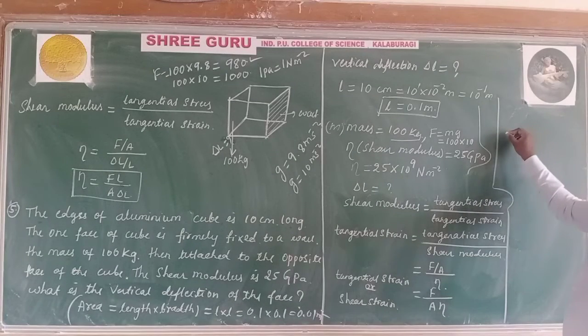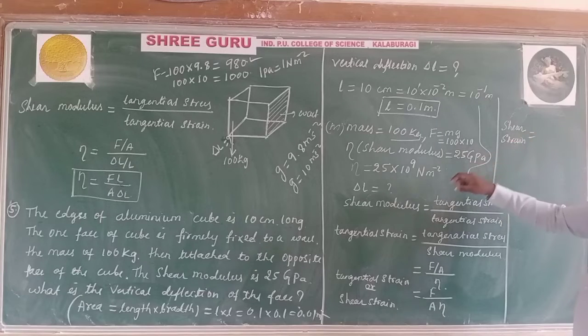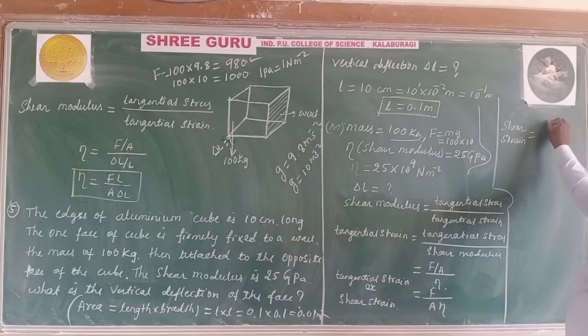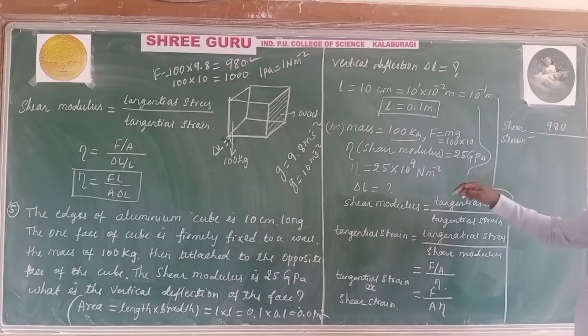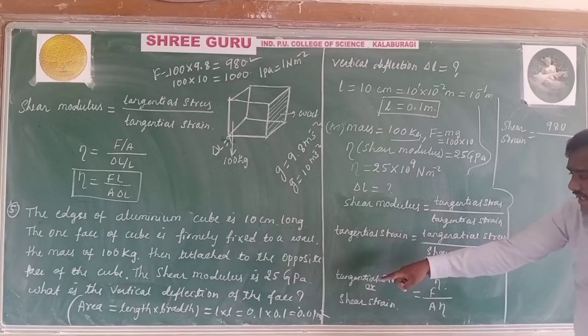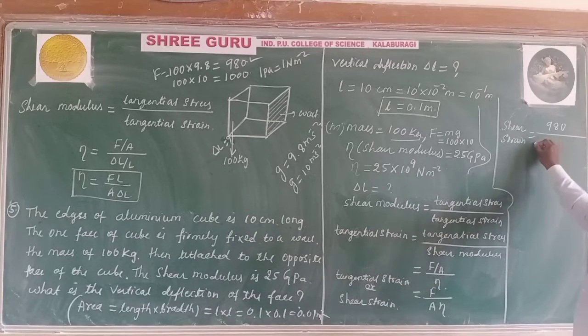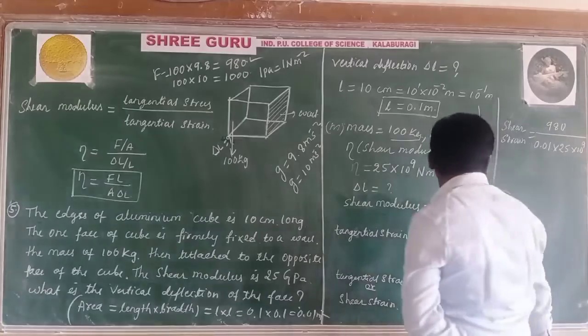Now substitute. Shear strain is equal to the force, which we calculated as 980, divided by the area, length into breadth, that is 0.01, and the shear modulus, 25 into 10 to the power of 9 Pascal.